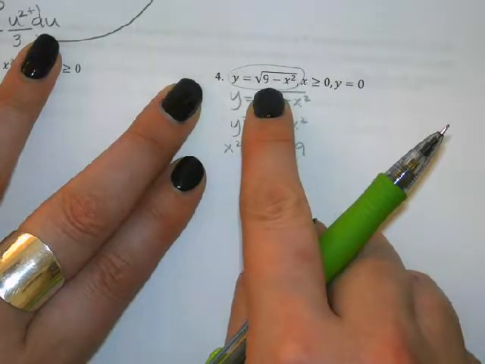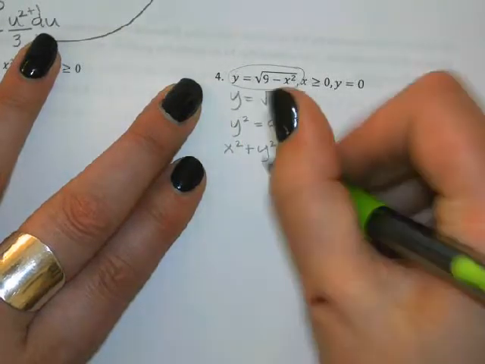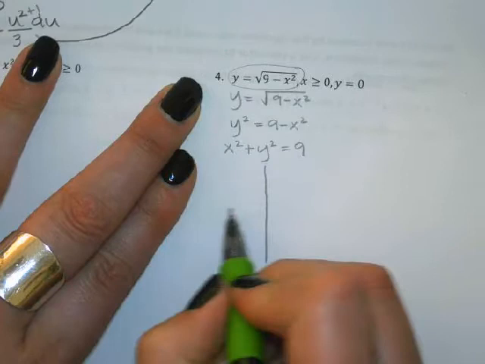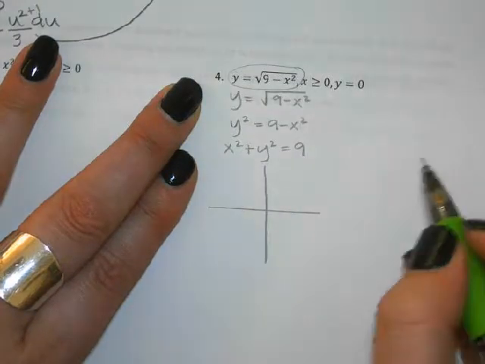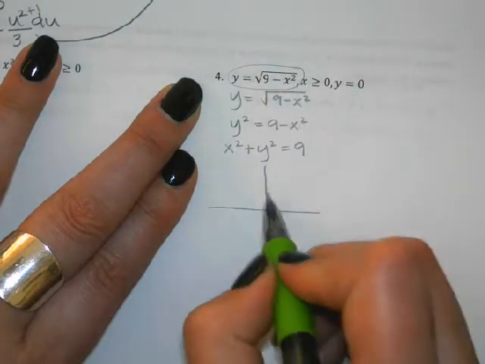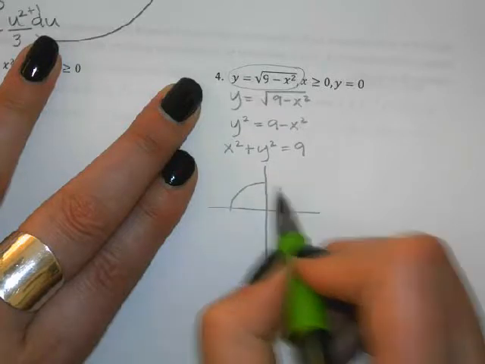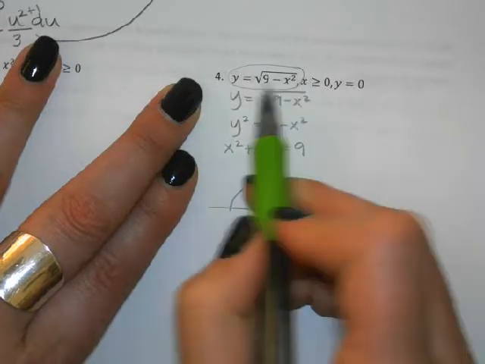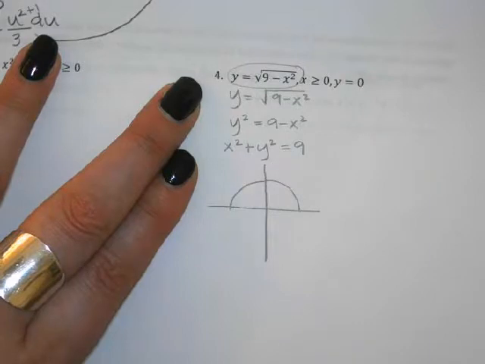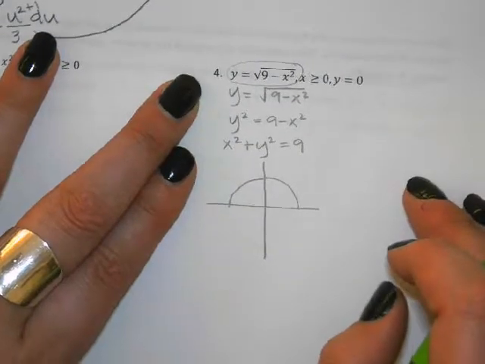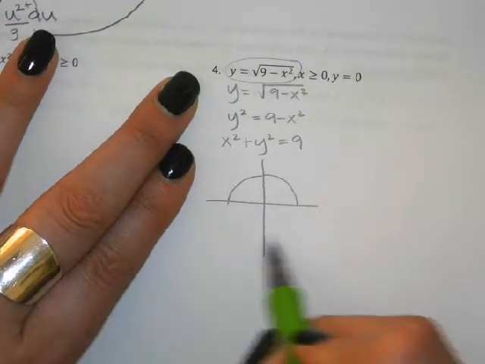It's just the positive version. It's only the top half of the circle. You know that because it's only the positive square root. The bottom of the circle would be the negative square root.